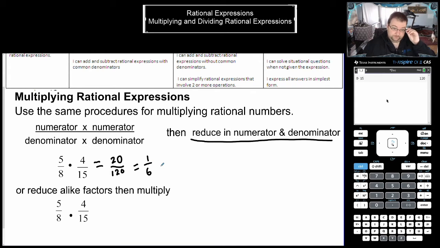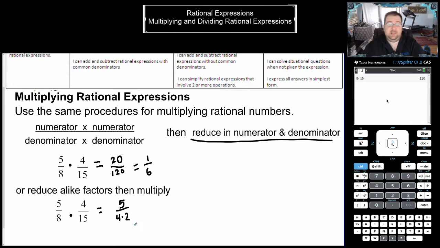So that's all. But you can simplify this process a little bit. If you reduce by alike factors and then multiply, it can sometimes be easier. So we can also think of 5 over 8 as 5 over, instead of 8, let's reduce it to 4 times 2. So this is going to look a little bit like what we were doing with radical expressions.